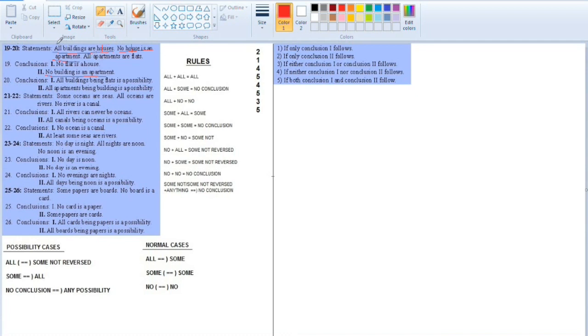Then what we are getting is all plus no. All plus no is no. So the answer is no building is an apartment. That is the answer, and that is the conclusion as well. So it is correct. The second one is right.